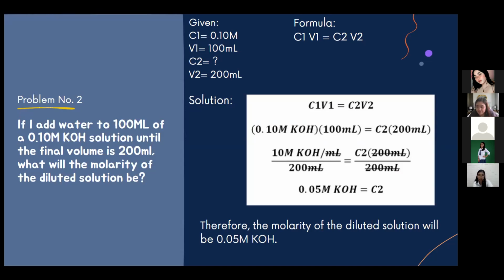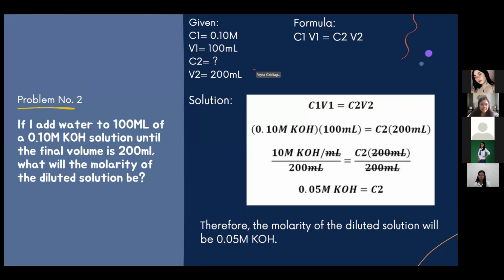So, cross out the ml, which is the 10 M potassium hydroxide over 200 ml equals C2, 200 ml over 200 ml. Cross out the same unit, so equals 0.05 M potassium hydroxide, C2. Therefore, the molarity of the diluted solution will be 0.05 M potassium hydroxide.